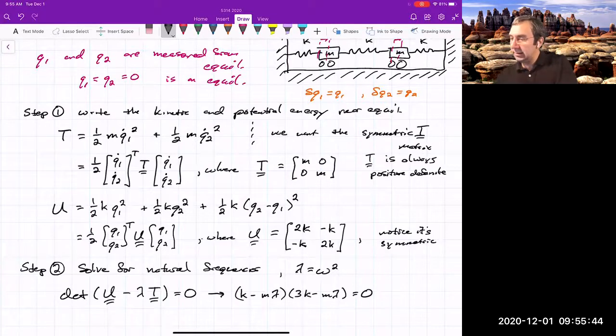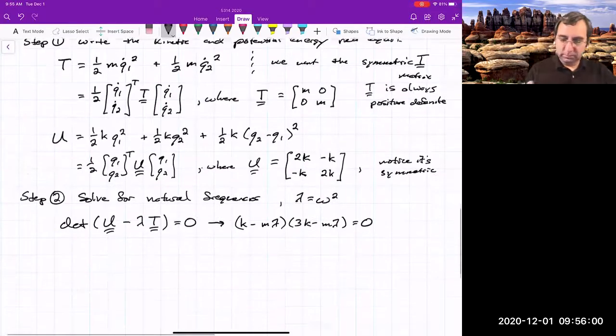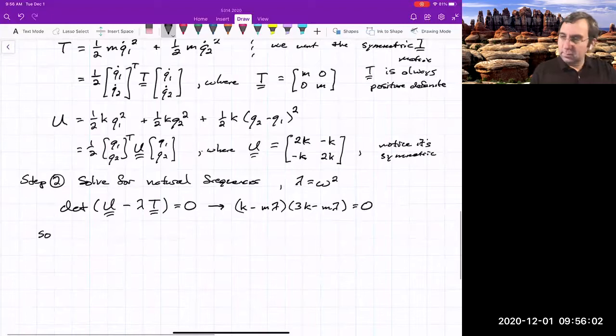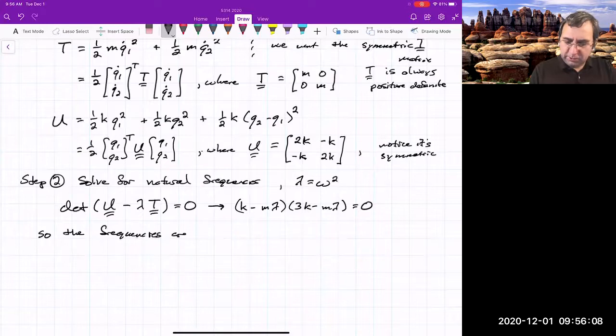All right. One of the masses fell. You'll just have to imagine it. Okay. So the frequencies are the roots of this equation.